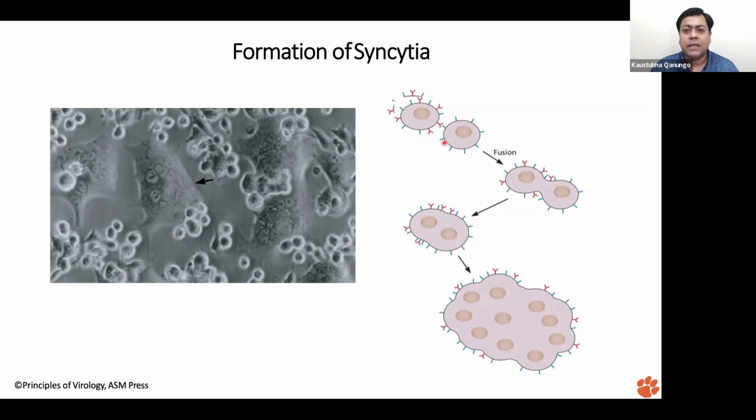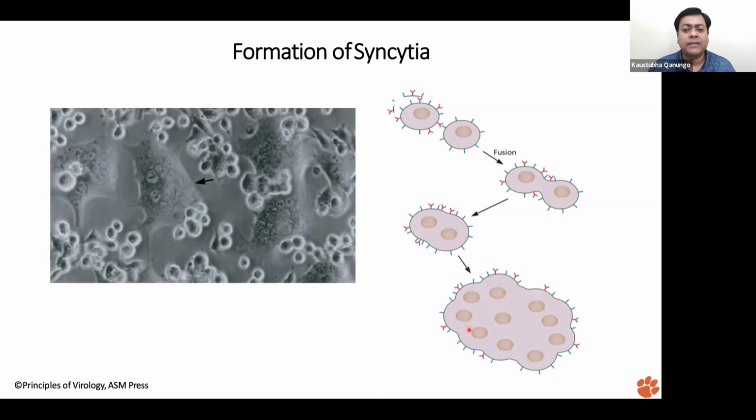Suppose this is a single cell, it fuses into two, and multiple cells can fuse together to form a syncytium, which is singular, and syncytia is the plural. So why does this happen? This is a strategy for the viruses.